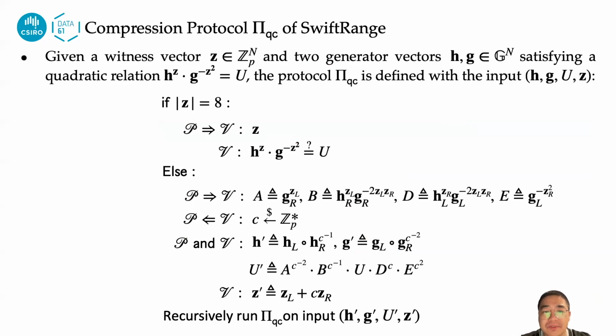The right subgenerators are raised to the power of C-1 and C-2, respectively. In each recursion, U does not have any exponents. The recursions terminate when the proof size achieves the minimum.